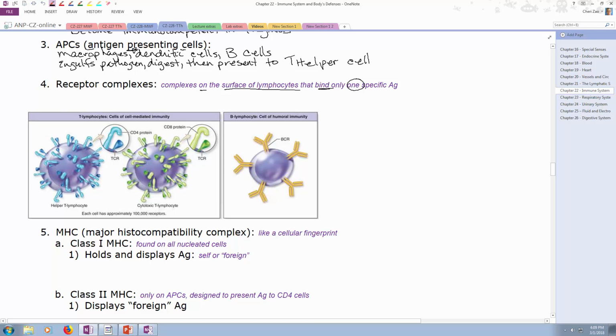So instead of saying antigenic determinant often, I will say antigen, but you have to realize that's the part that we are going to react to. So we have TCRs, which stands for T cell receptors. And we have BCRs, which are for B cell receptors.